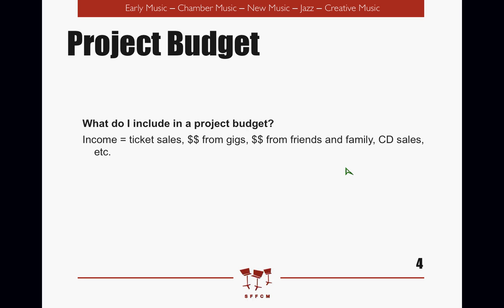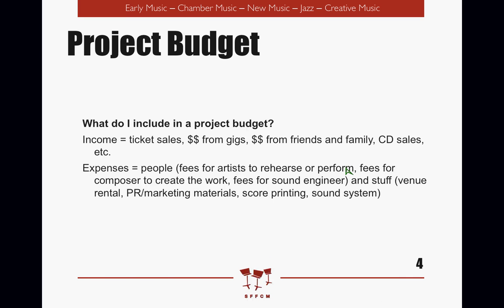Money you get from friends and family, also known as individual donations, that they will provide for you in order to support your vision. If your project involves recording, this might involve CD sales, how many CDs or downloads you anticipate, and money from downloads you might receive over the course of the project. And these are just several examples of the different types of income that you might get.